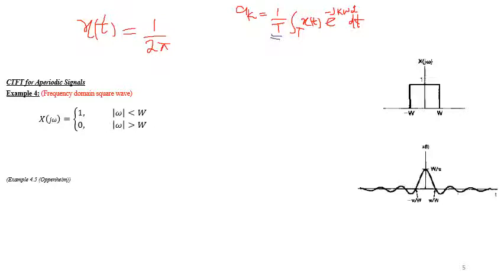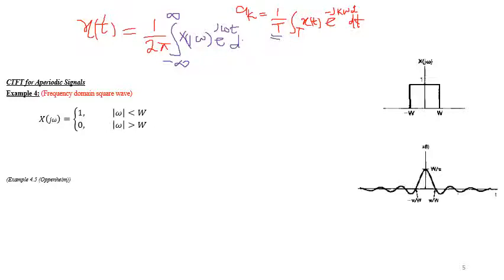But in case of Fourier transform, the inverse Fourier transform is basically scaled by a factor of 1 by 2 pi, right? So we have the expression for finding the time domain signal, which is equal to 1 by 2 pi integration from minus infinity to infinity of X of j omega e power j omega t d omega.